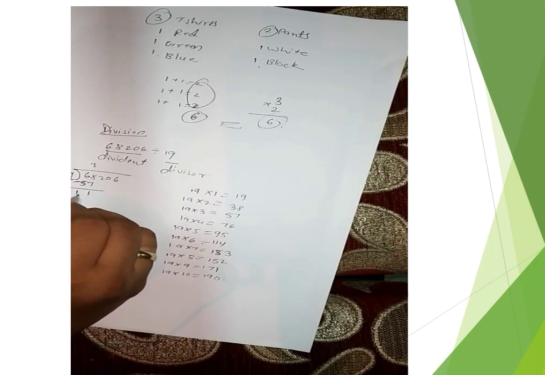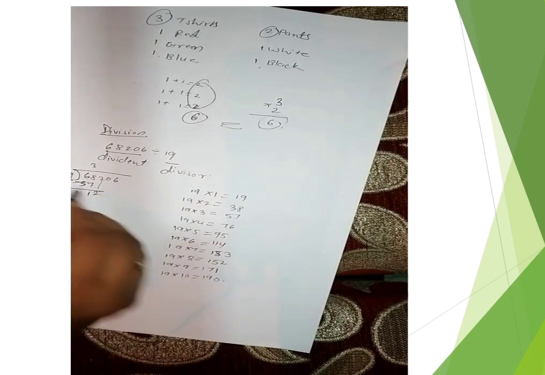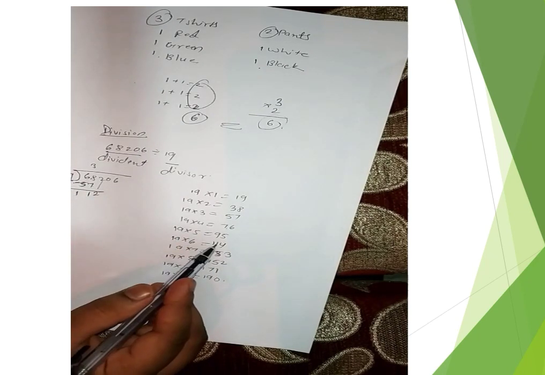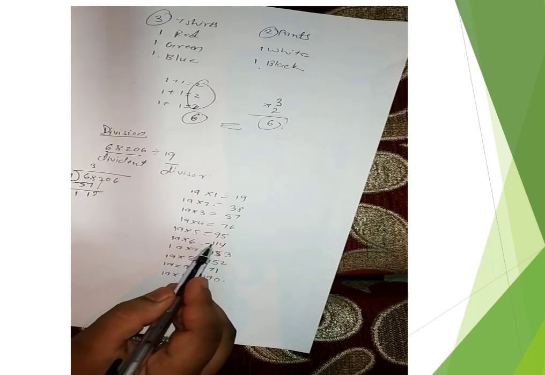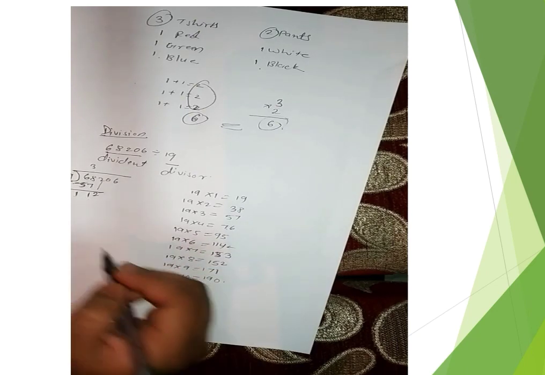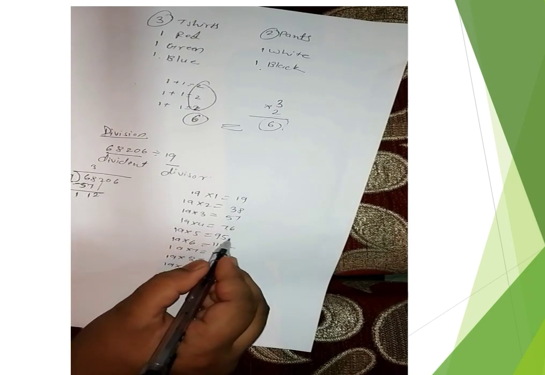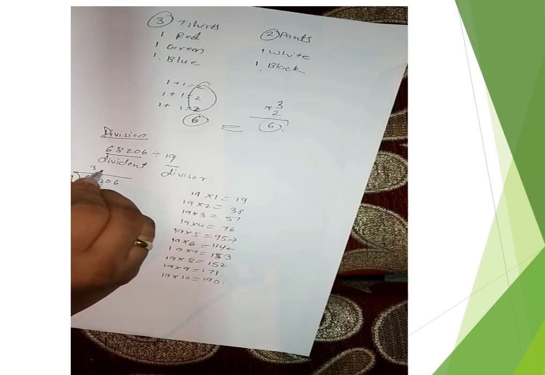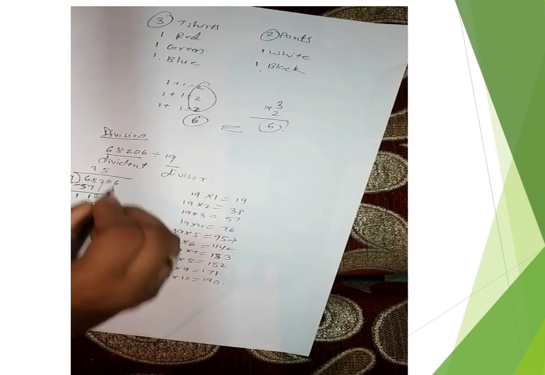Here 11 is remaining. Now we will bring one number down, that is 2. So now we have got 112. We will check for the smaller number than 112 in the table of 19. If you can see, 114 is there, but it is greater than 112. So what is the smaller number? 95. So here we will write 95, and 19 into 5 is 95.